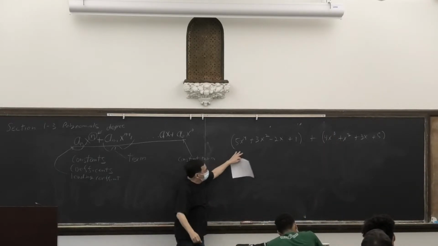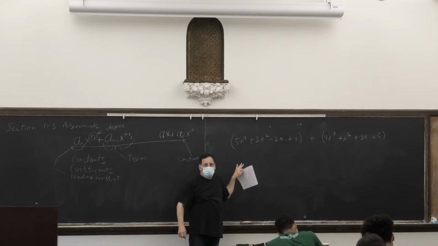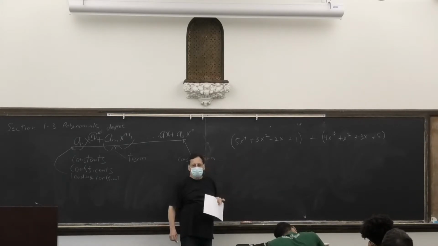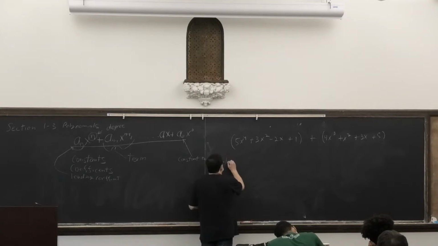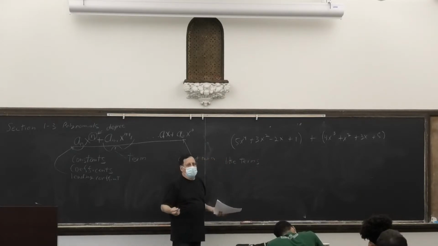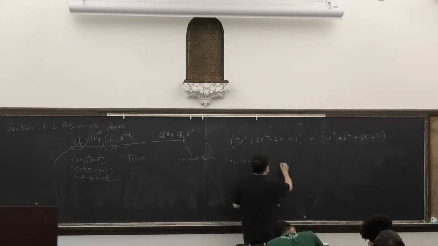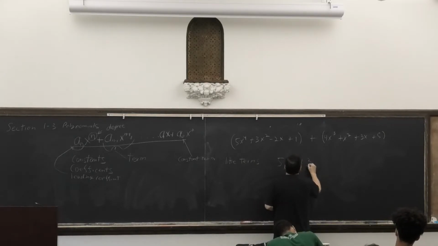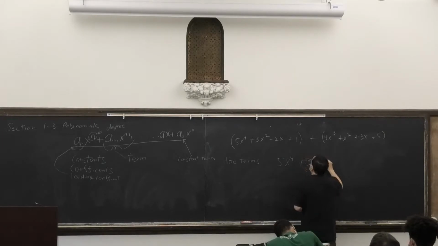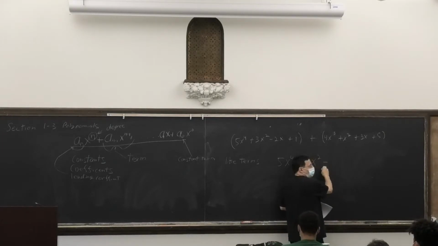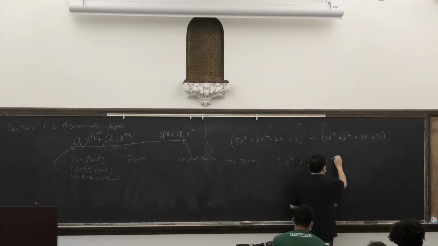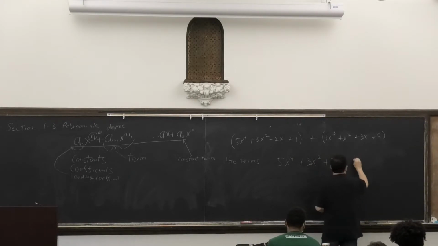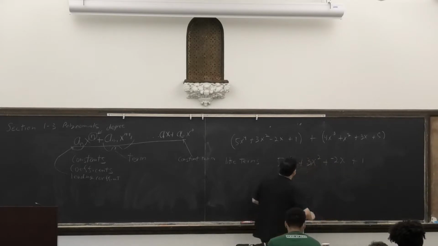And of course, the key is to line up like terms. That is, terms with the same exponent. So I'm going to write minus 2x as plus minus 2x. That's going to keep me from making a silly mistake.